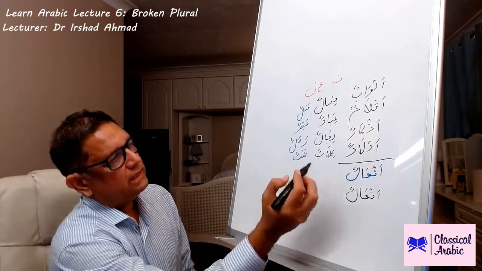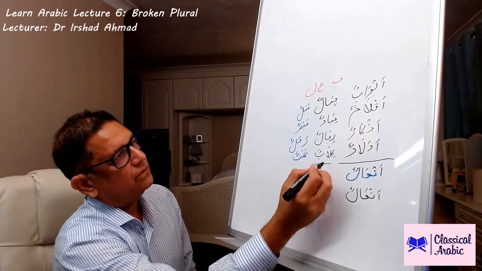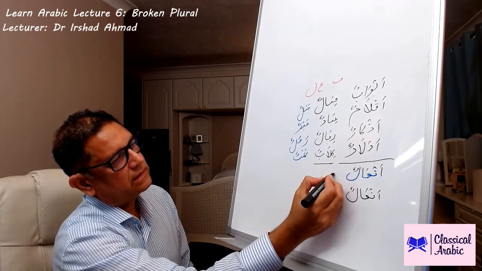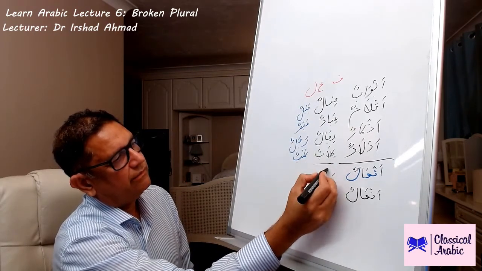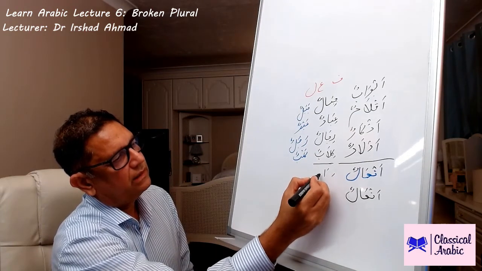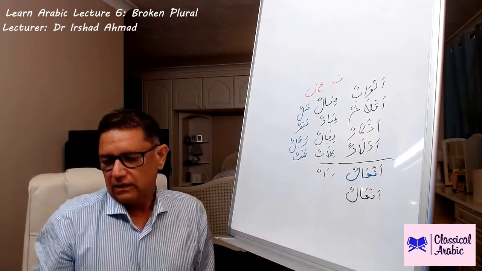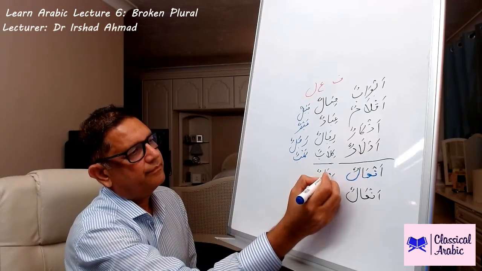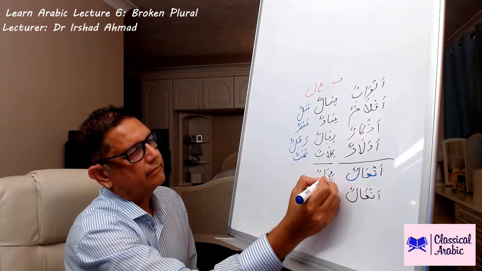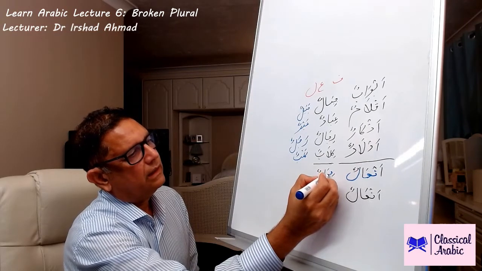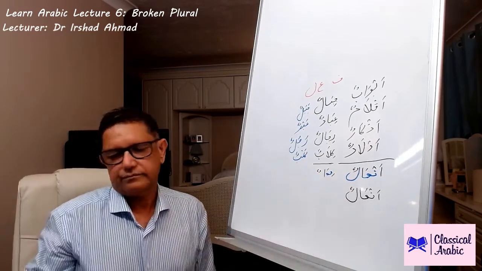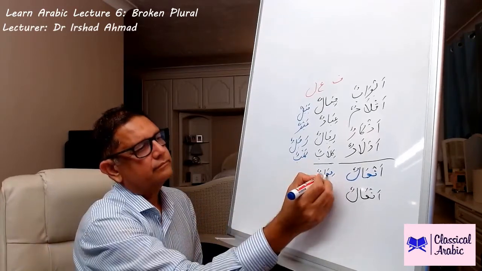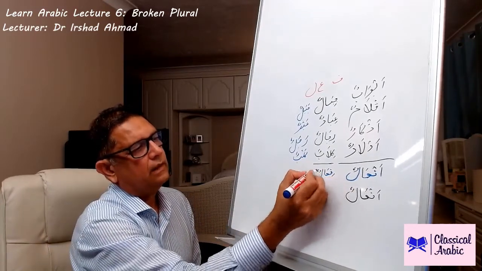Now we can generate another pattern from here. The first we have here is kasra, then we have fatha, then we have alif, and then tanween. And fill in the blanks: fa, ain and lam.